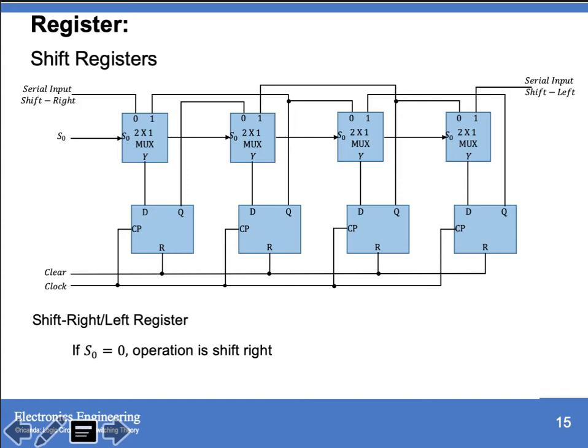If S0 is 0, this will enter your register from the left. Then, if S0 is equal to 1, the operation is shift left. So we have your input from your right going to your left.